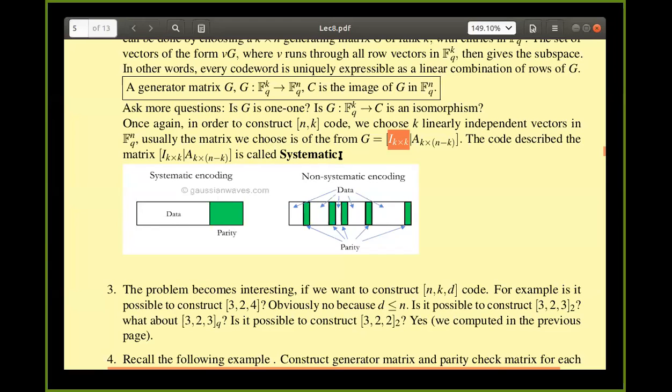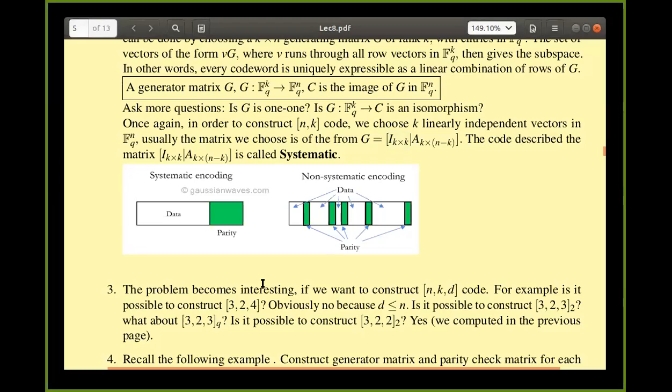In the systematic form, the first k letters are going to be data and the remaining is parity. But if your matrix is not systematic, then the data will be at any place and the parity at any place. Is it clear? Yeah, any questions? Is it okay?